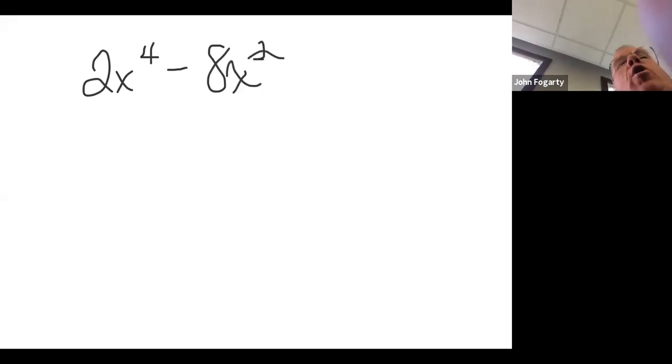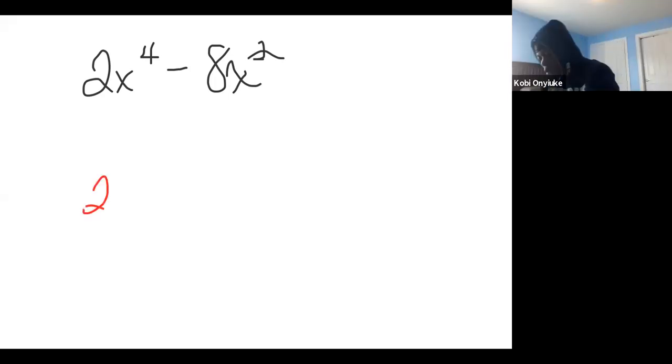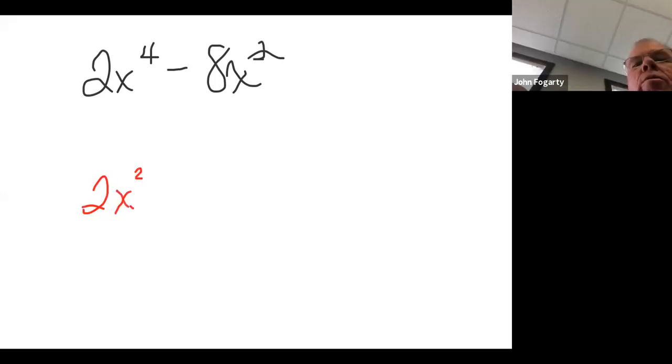Now, we know that the first thing we should do is look at all our terms and see if there's a GCF. Look at those two terms. You guys see a GCF? Yeah, what do you think? 2x squared?